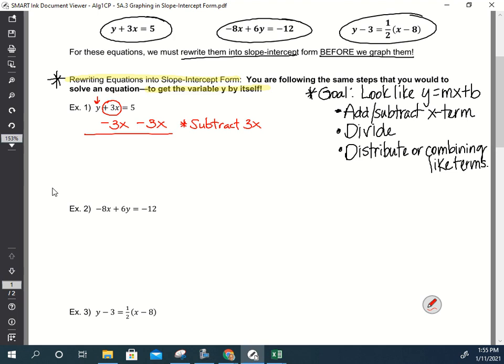So 3x minus 3x is 0. That cancels out. Y equals 5 minus 3x. So let me ask you something. Does this equation look like that? No. What has to come first?